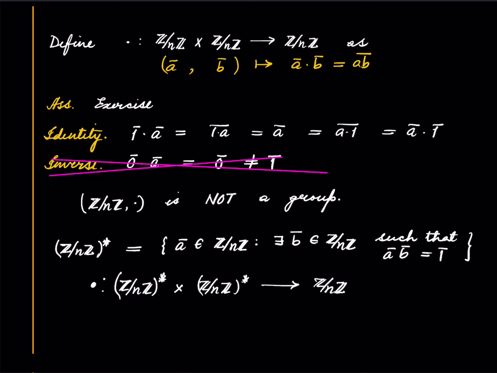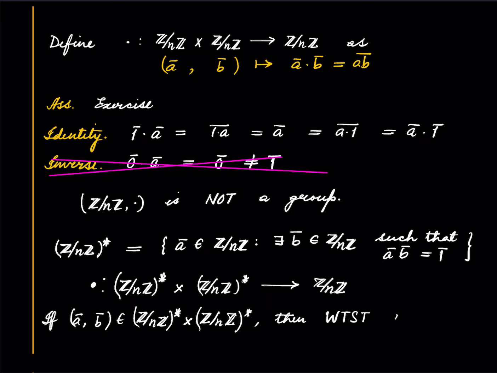But does it? So we pick a pair A bar comma B bar from Z mod NZ star cross Z mod NZ star. Then we want to show that this is also in Z mod NZ star.